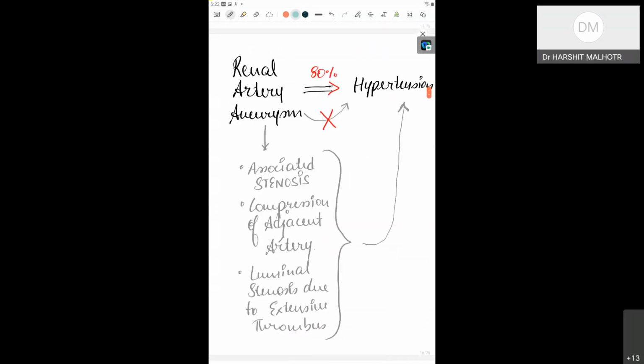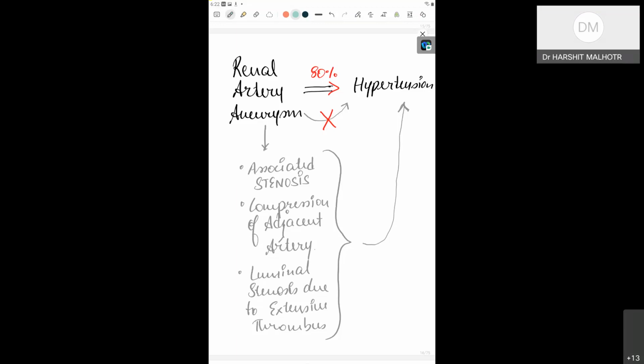Now, one more thing we should know is that renal artery aneurysms per se don't directly cause hypertension, though they are associated with hypertension in 80% of cases, but not directly. What happens in a renal artery aneurysm is if there is an associated stenosis, or there is compression of the adjacent artery because of the aneurysmal dilatation, there is a pressure effect, or there is luminal stenosis due to extensive thrombus.